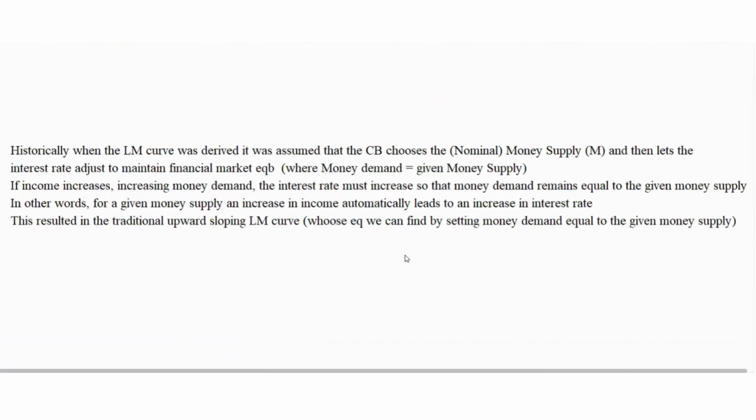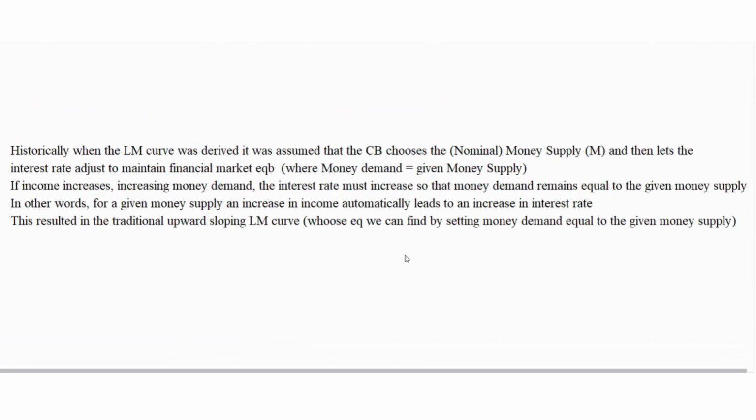Now, historically, when the LM curve was derived, it was assumed that the central bank follows a fixed money supply policy, where it chooses the money supply M and lets the interest rate adjust to maintain equilibrium, where money demand is equal to the given money supply M. In such a scenario, if income were to increase, that would increase money demand.